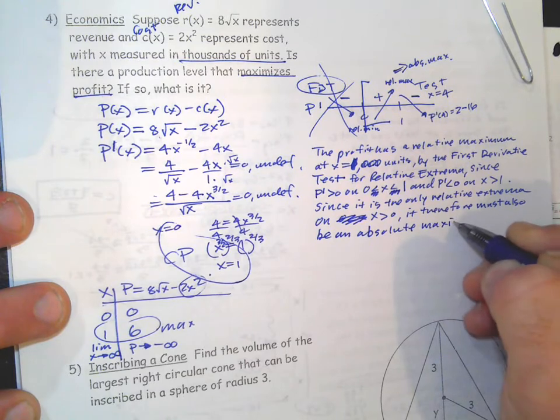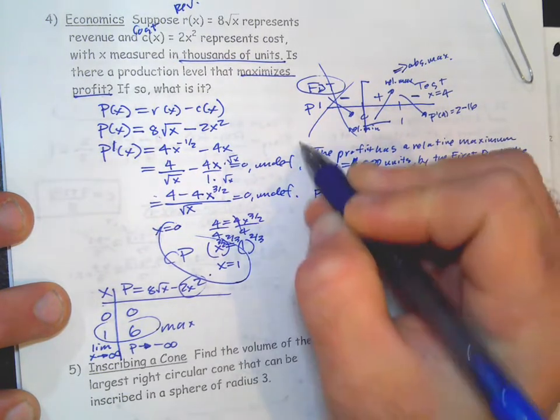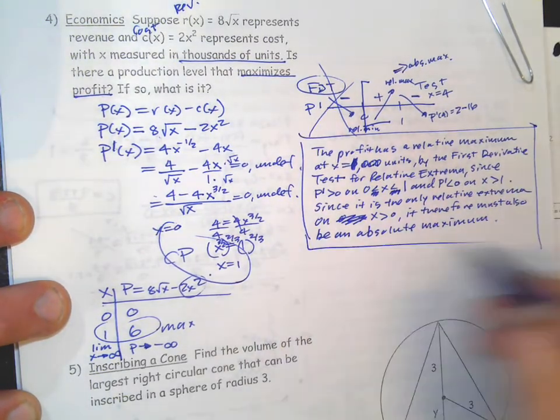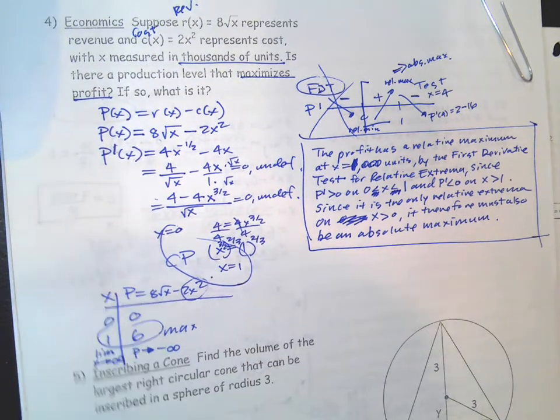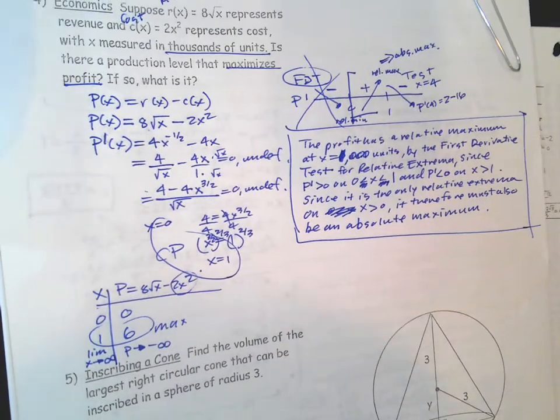This should make you never want to use first derivative test for absolute maxes and mins when possible. This one wasn't possible. So that'd be the way to do it.